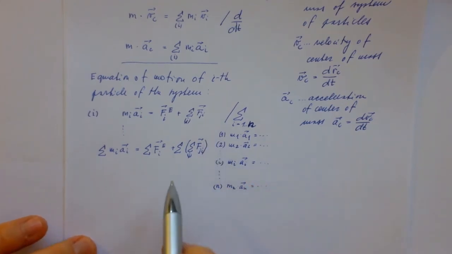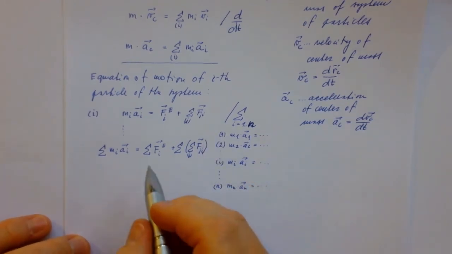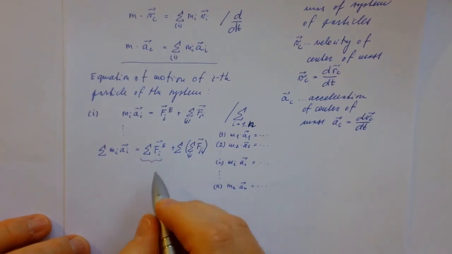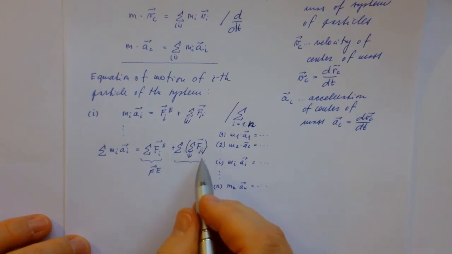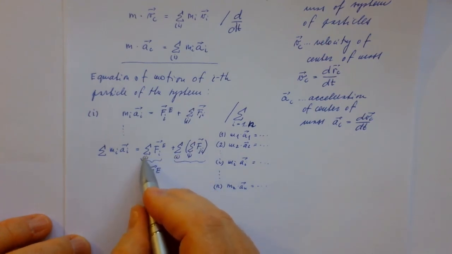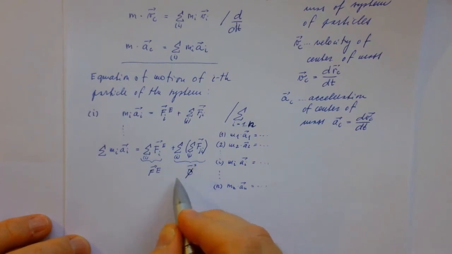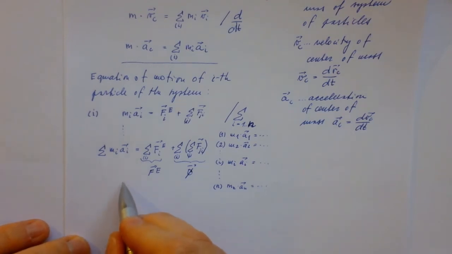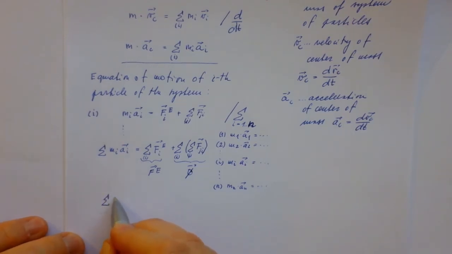Okay, and we said previously that this is the total external force acting on the system, and this is the total internal force, which is 0. We said it previously, a few minutes ago. So we get that the sum of mi ai over i is equal to the external force.